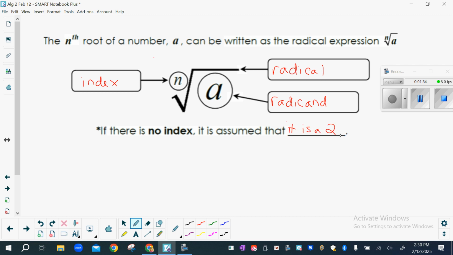We do square roots so often that we just have a shortcut. We assume it's a 2 if there's no number written in there. I know that up until this point, all you've seen is square roots. Going to be some other roots. Okay, anybody still looking at this here?